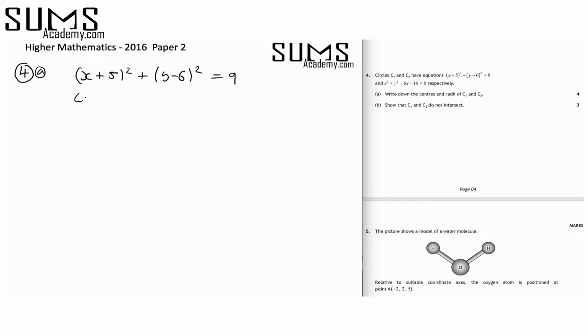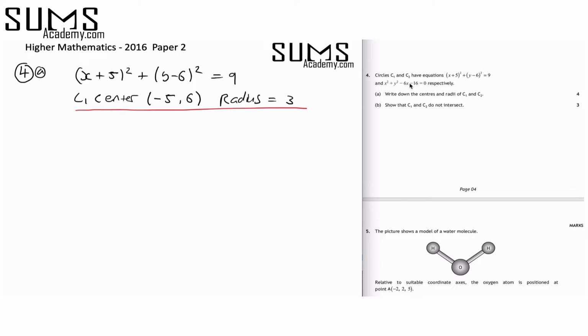C1 is going to have a centre, well, usually it's the minus of that, so it's going to be (−5, 6), and the radius is just r squared, so we take the square root. The radius is going to be equal to 3 because that's the square root of 9. So that's our first part solved simply enough.